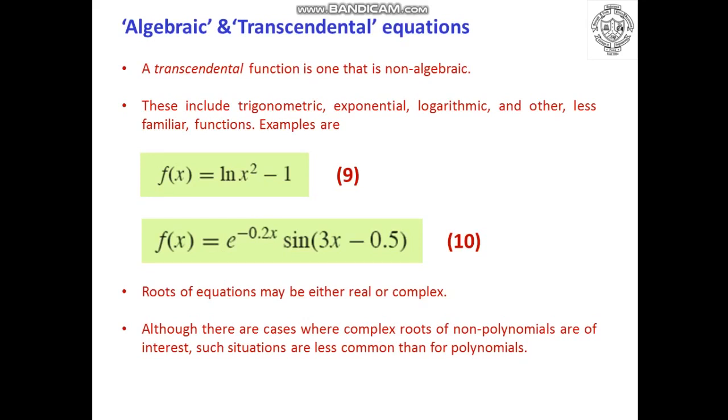This can include trigonometric, exponential, logarithmic, and other types of functions. Some examples are given here: f of x is equal to ln of x square minus 1, or e raised to minus 0.2x into sine of 3x minus 0.5.